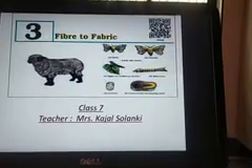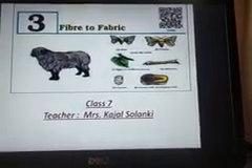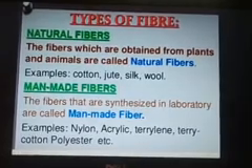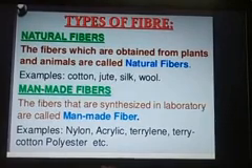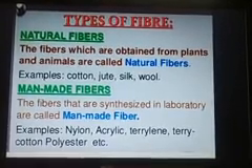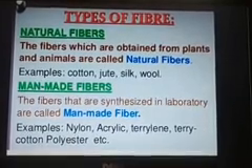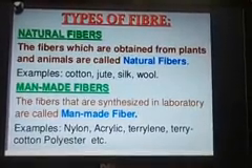Okay children, so let's start with the chapter fiber to fabric. Yes children, there are different types of fibers, that is, one is natural fiber and the other one is man-made fiber. Natural fibers are those which are obtained from plants and animals.